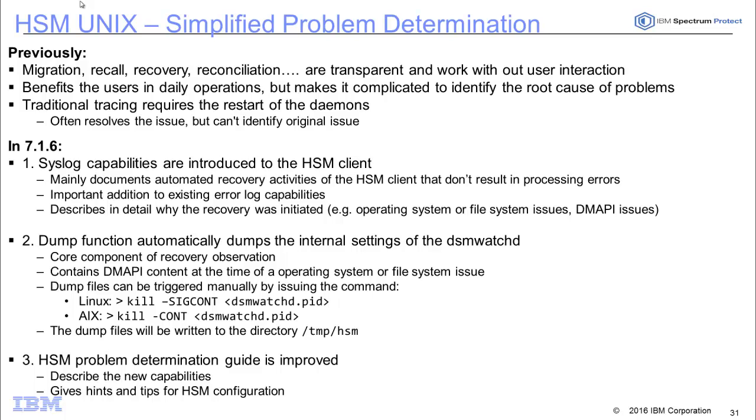We will have important additions to the existing error log capabilities, and we will describe in detail why the recovery was initiated. For instance, was it an operating system or a DMAPI issue? We will automatically dump the internal settings of the dsmwatchd daemon, and this contains the DMAPI content at the time of the operating system or file system issue.